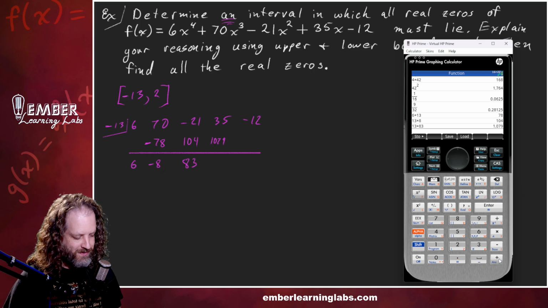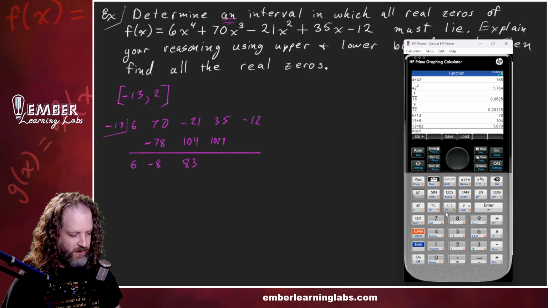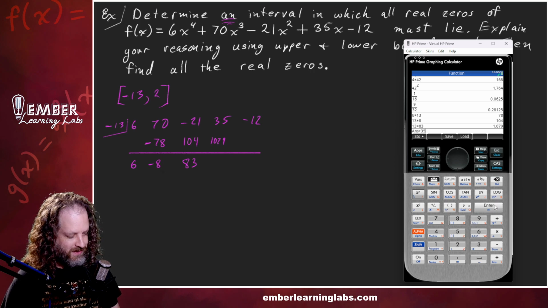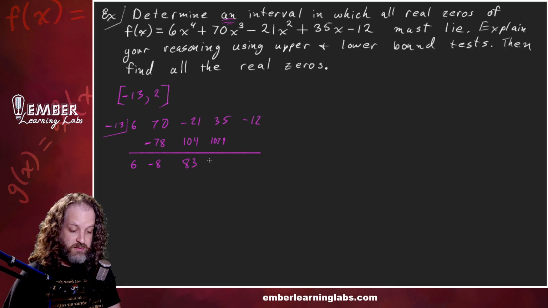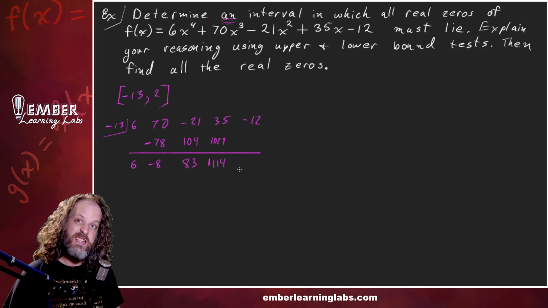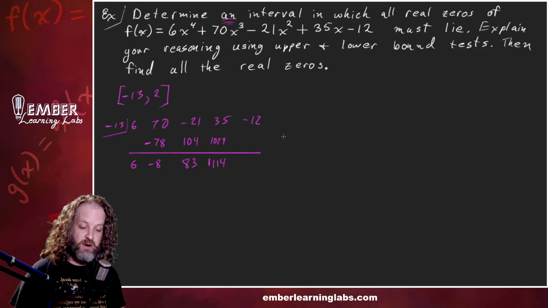I'm just going to confirm. Again, I'm feeling that mistakes will happen if I'm not careful. 1,114. Yeah, see, I was about to make a mistake. That's an easy mistake to make. I see that on people's homework problems all the time.